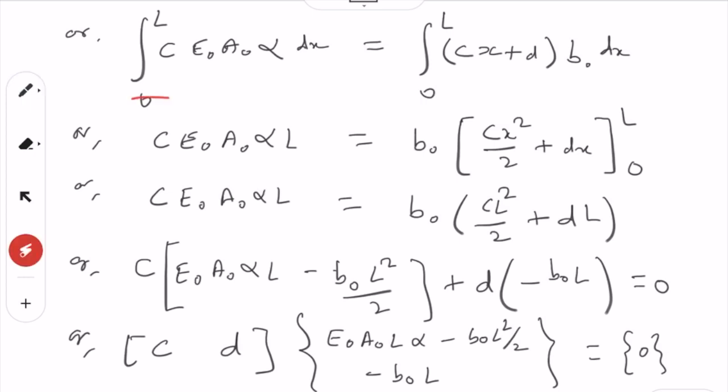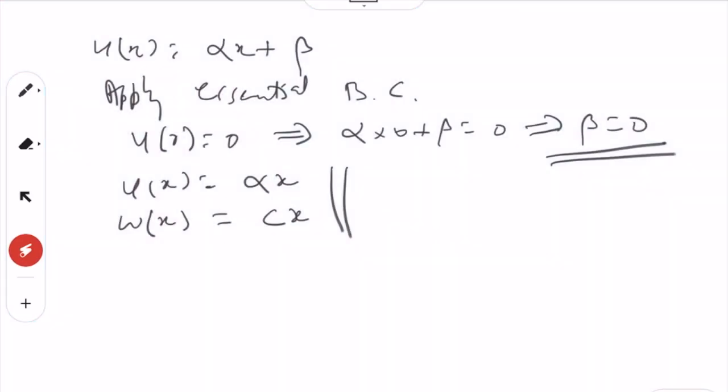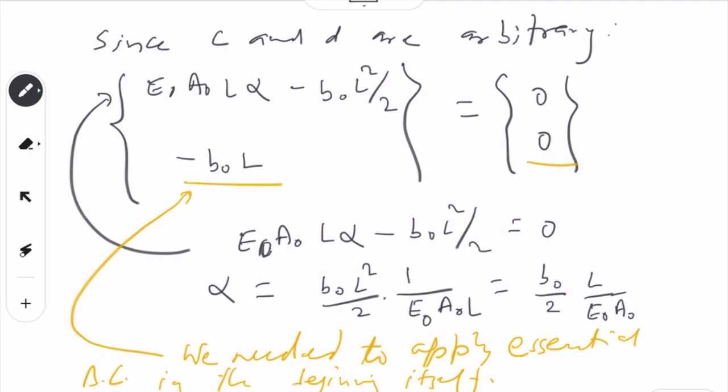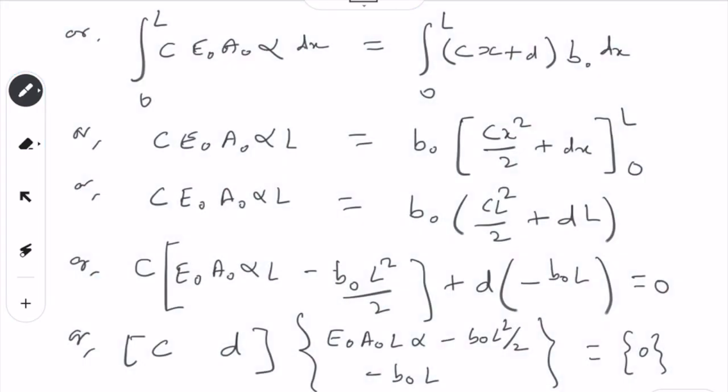This equation will have alpha here, and d will be 0. So, you have d equal to 0 to begin with, and automatically this d comes out to be 0.